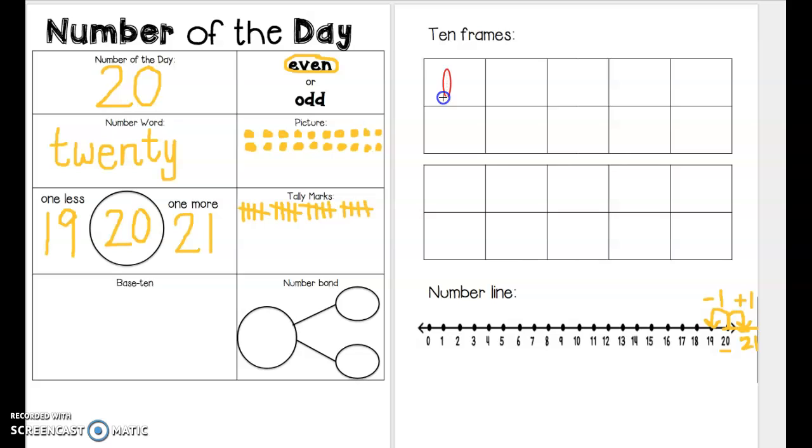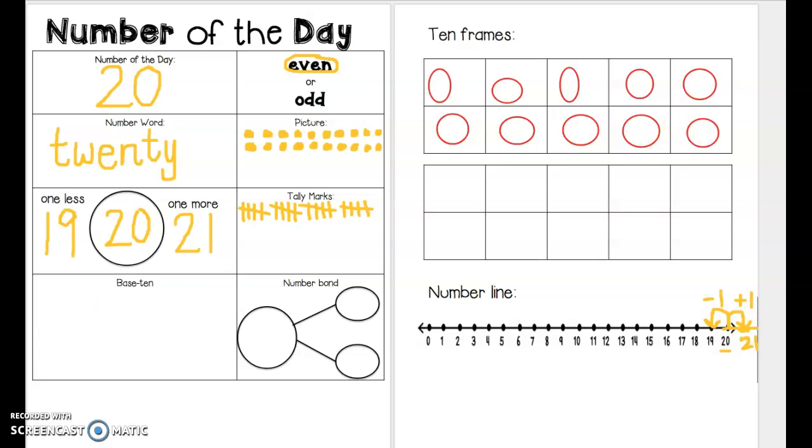So count with me. 1, 2, 3, 4, 5, just like this little group of 5 in our tally marks, right? 6, 7, 8, 9, 10.